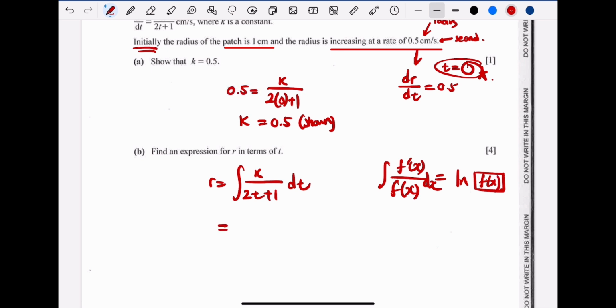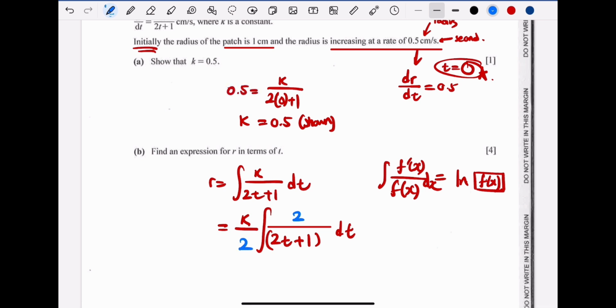So here what I'm going to do is make this differential appear first. How do I do that? Well, my denominator is 2t plus 1. The differential of this at the top needs to be 2. But currently I have k, so we cannot change the k. What we need to do is compensate for it, with k outside and over 2 over here.